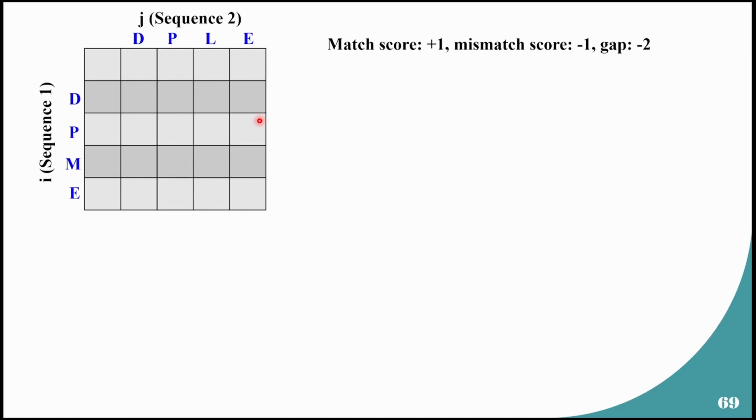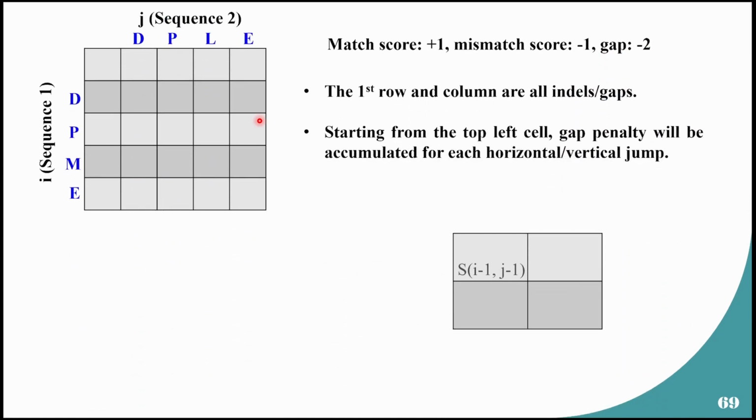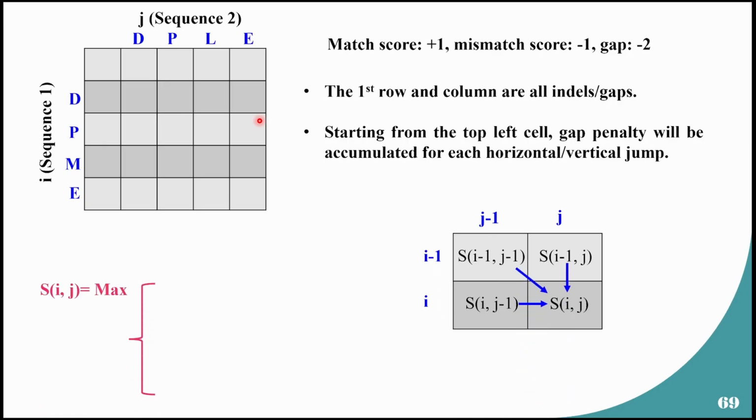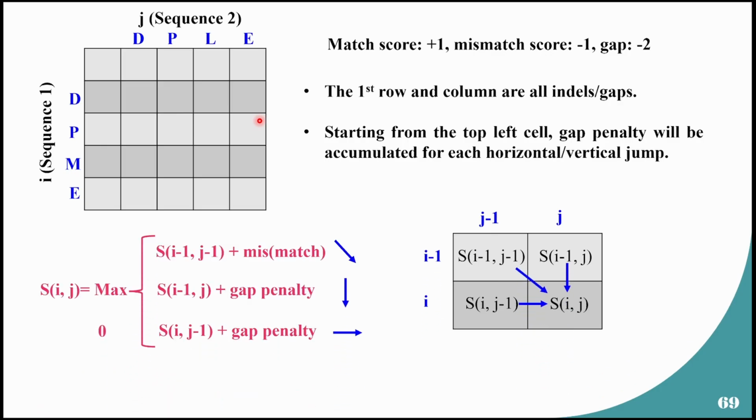In the sequence alignment part, we went over the Needleman-Wunsch algorithm, right? The Needleman-Wunsch algorithm is basically a calculation where you have a matrix setup.